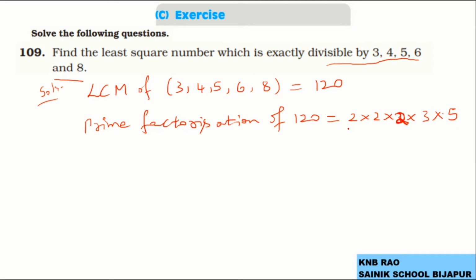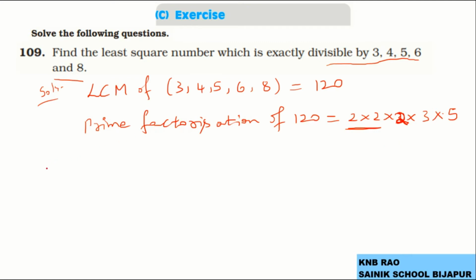Now students, here prime factor 2 is in a pair once. For the other time it doesn't have a pair, and prime factor 3 doesn't have a pair, and prime factor 5 also doesn't have a pair. Now we will find out what is the number to be multiplied to make it a perfect square.